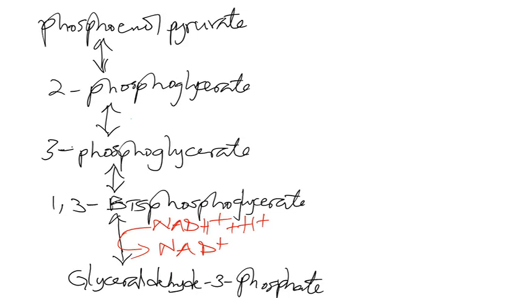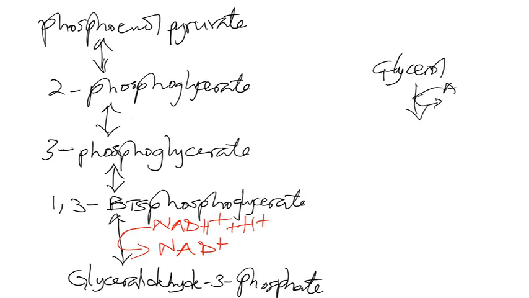And I did mention earlier on that the glycerol comes from lipolysis, or breakdown of triacylglycerols, which give out fatty acids and also a glycerol molecule. So the glycerol, once produced, is then phosphorylated by glycerol kinase.